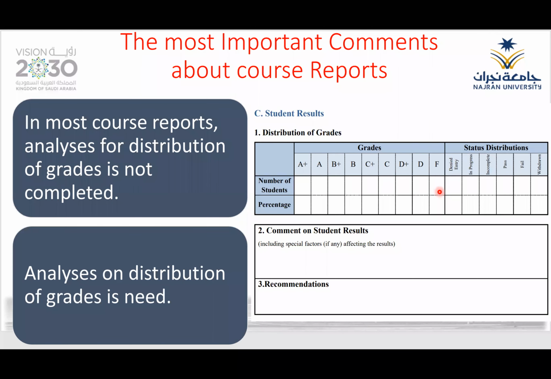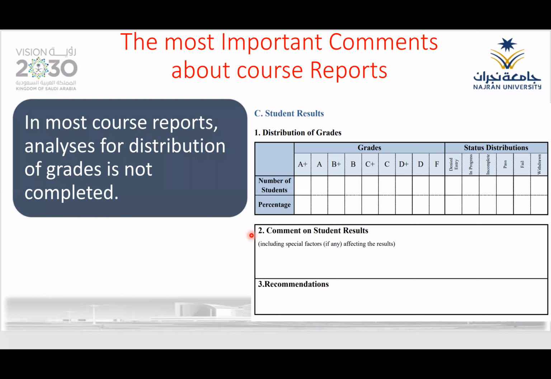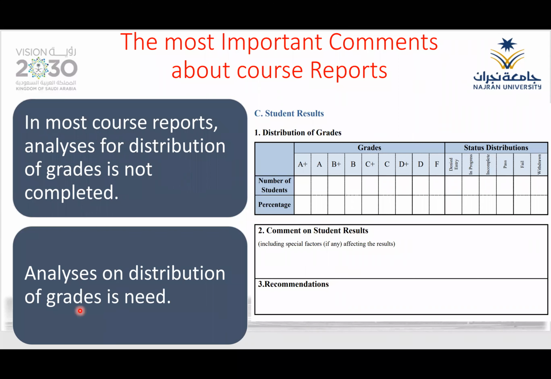What they said is that the comment about this student result or recommendation is not completed, or that analysis of the grade distribution is needed. When we talk about the distribution of the marks of the students, how many got A, how many got B plus, B, and so on, based on that we make recommendations.